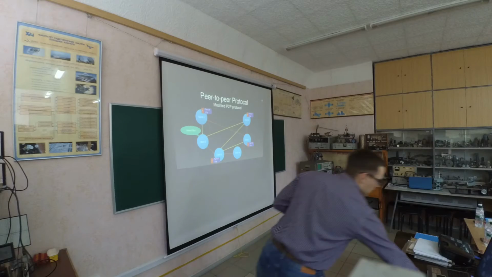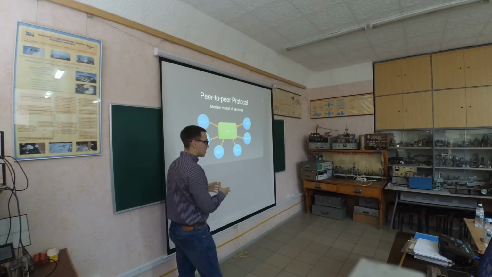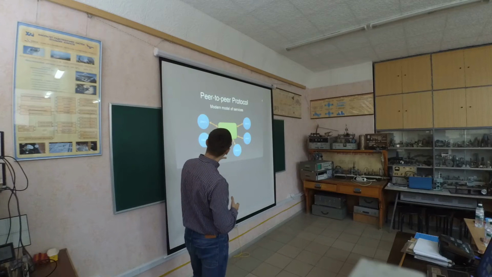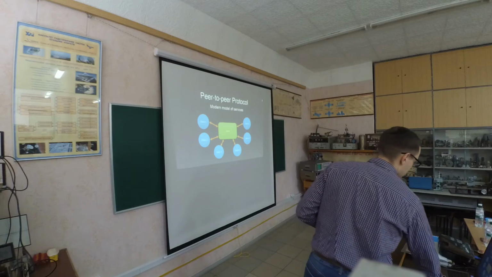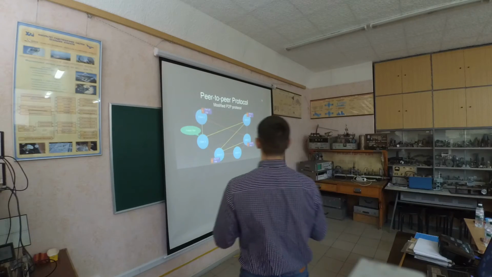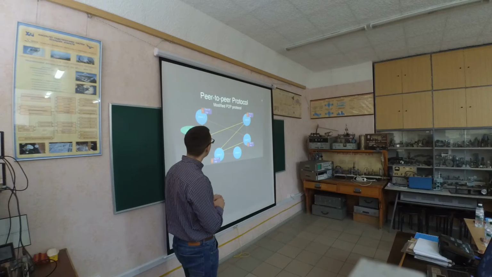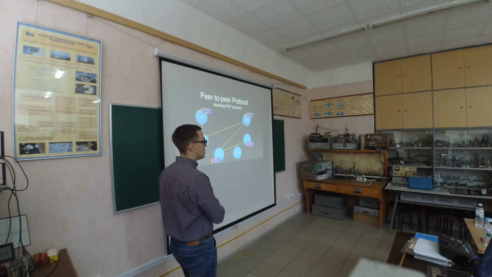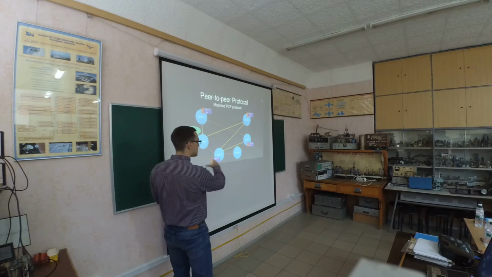Exactly here, I said that the current internet looks like this. Each service has its own server and a number of clients. And we propose a solution where we can omit the server totally. So each user is a kind of part of the server. Each user will store some pieces of data that are in the system.